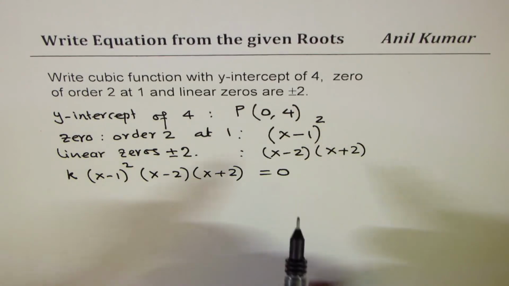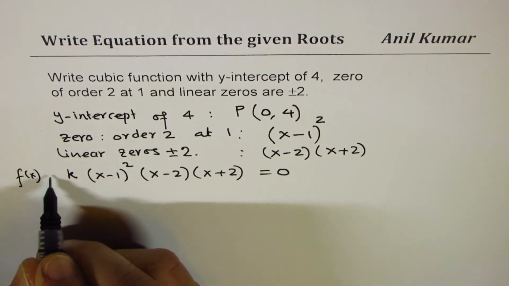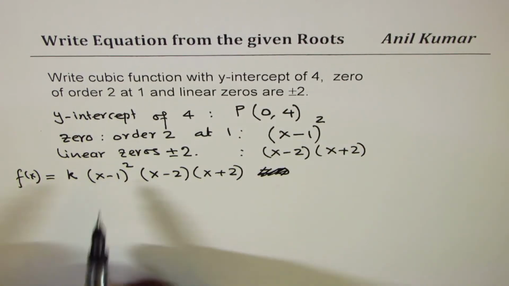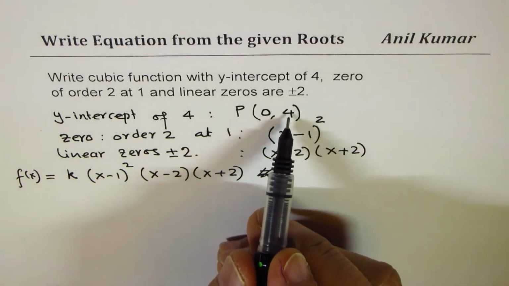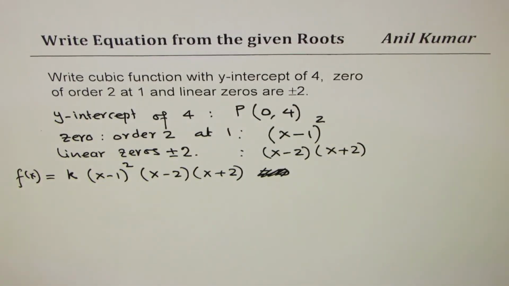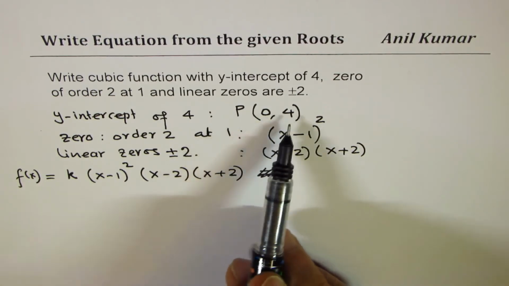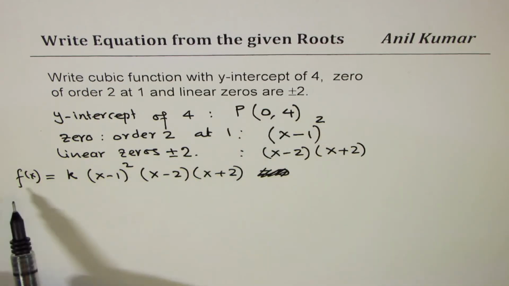So what we will do now, we say it is not 0, but we have a function f of x which is equal to all this. And for x equals 0, the y value should be 4. You get an idea, right? So we replace x with 0, write 4 for f of x.